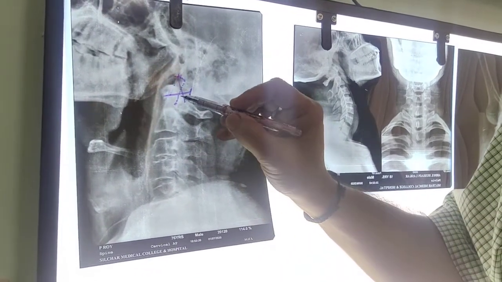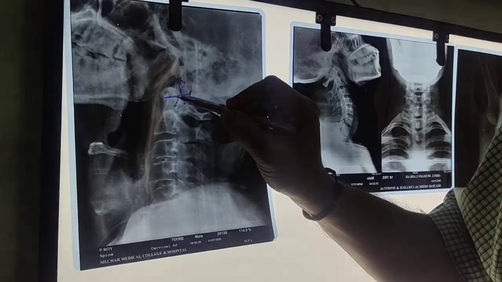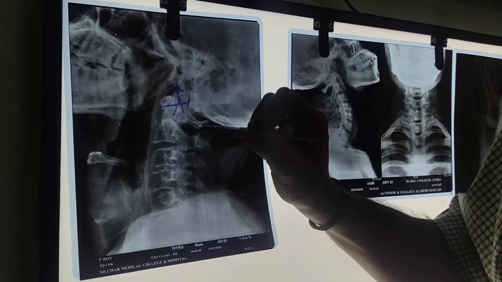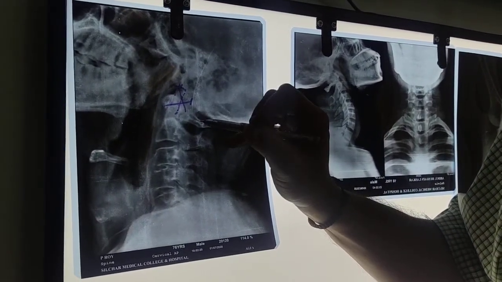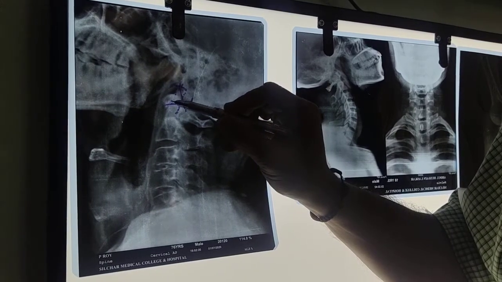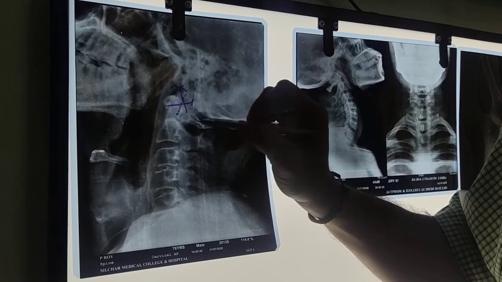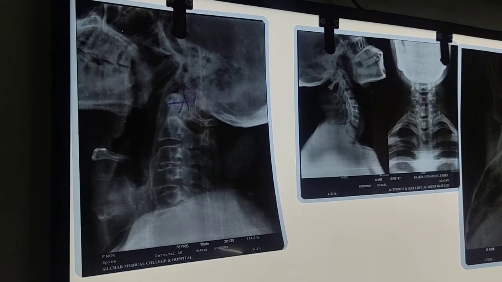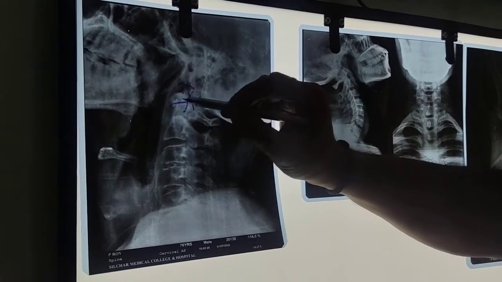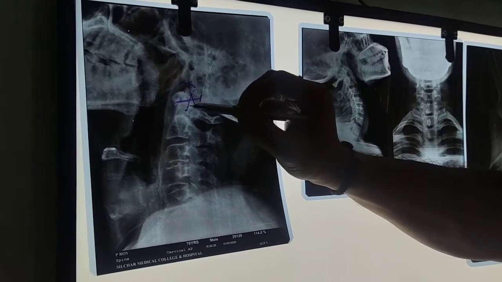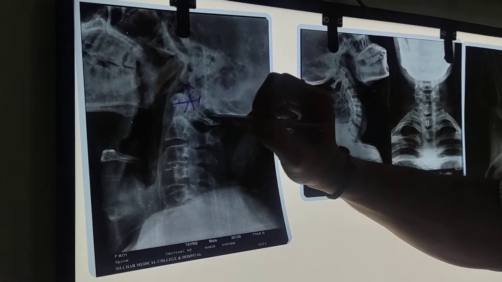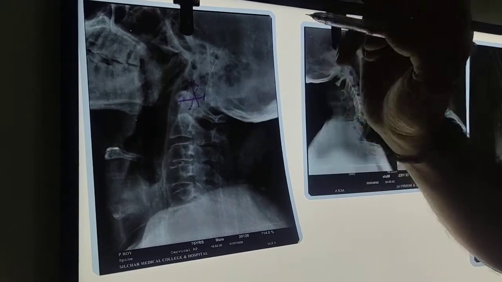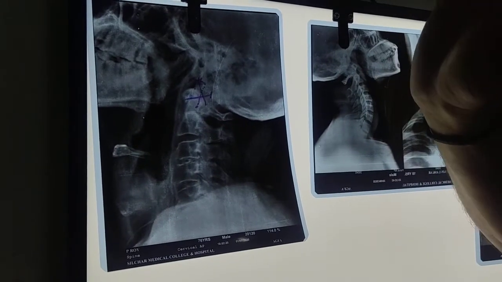On the other hand, if you take the ratio from here to the posterior border, this is 10. So it is 3 to 10, or 13. So this ratio is also maintained. This is called ADI and this is called PDI. So ADI and PDI, understood?